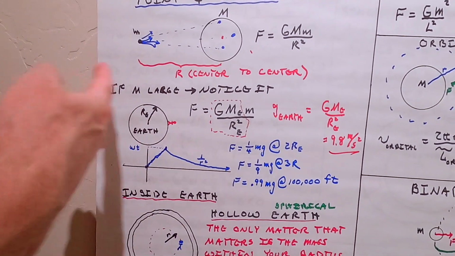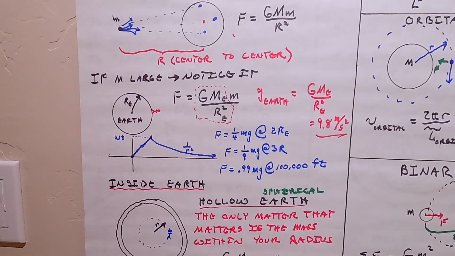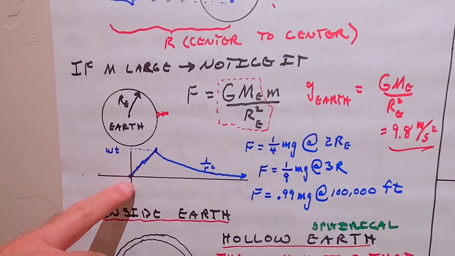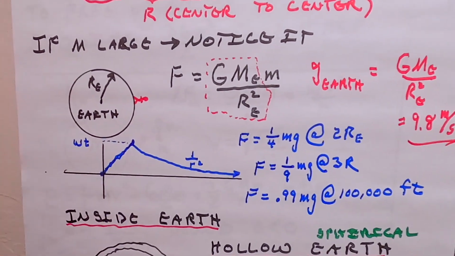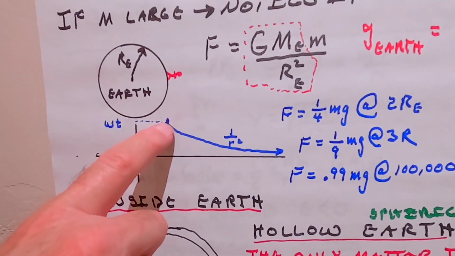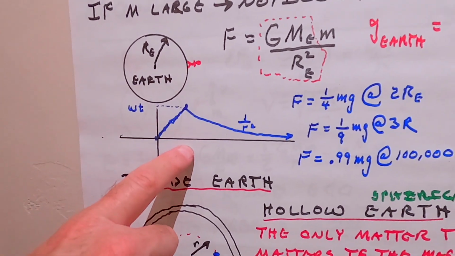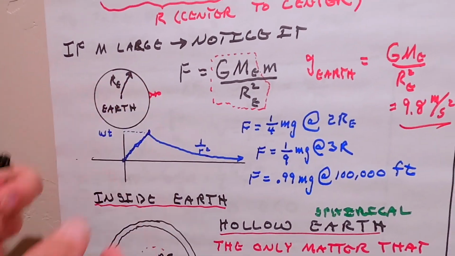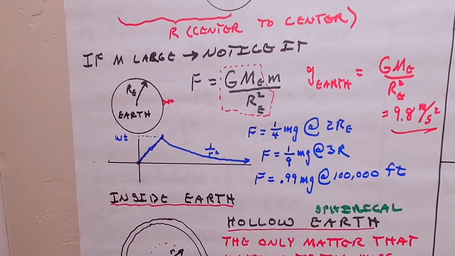Everywhere is above you right here. You'd just be floating right there. So your weight goes to 0 right there, linear right back down to 0 for a uniform density Earth right there. So you can see that where you weigh the most is right there at the surface of the Earth. So if you want to lose weight, climb a mountain, dig a hole, one or the other. Just don't weigh yourself at sea level right there.